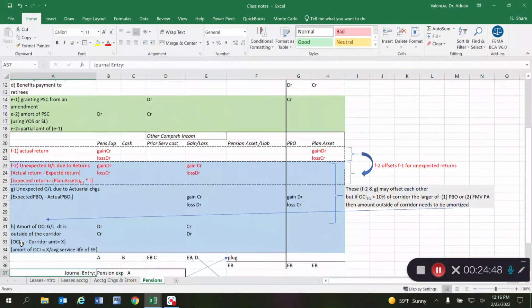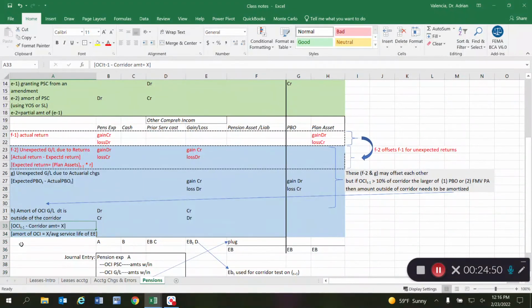So what is the amount of amortization? It's the difference between OCI and the corridor amount. In my example, if this is 100 and the corridor is 90, you get $10. But you're not going to amortize the whole $10.